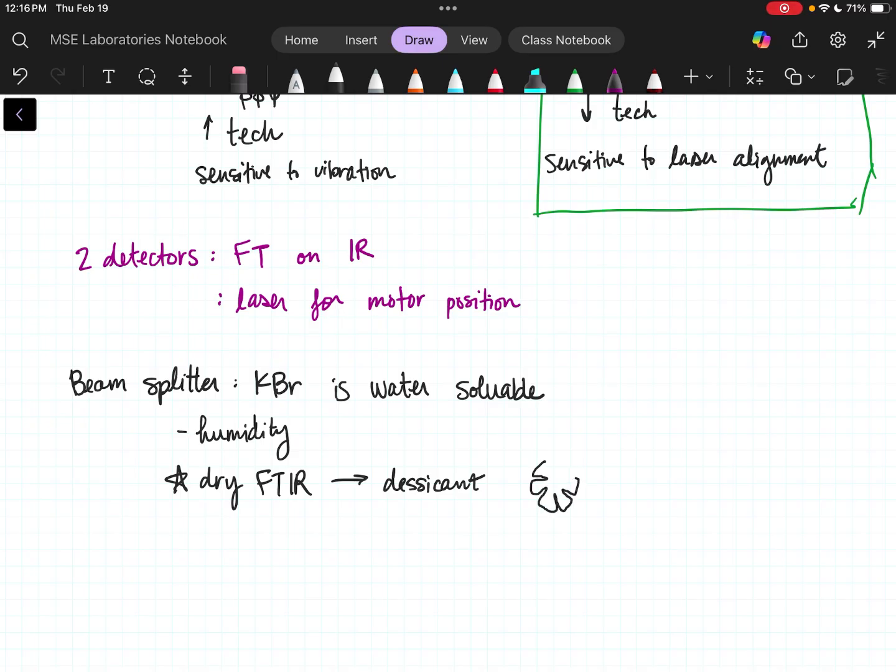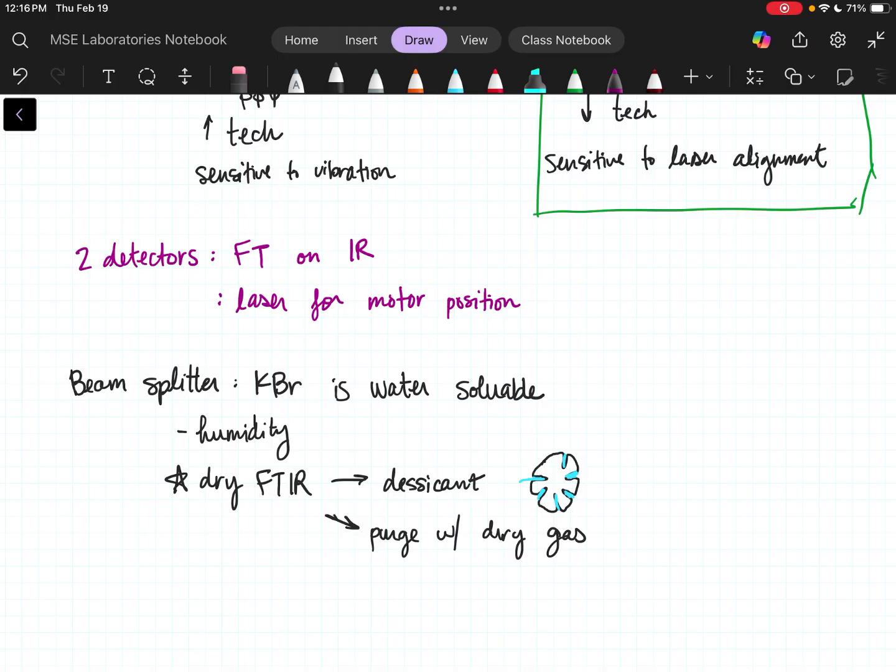A desiccant is a particle. Oops, I am drawing that completely backwards. It's a particle that has really fine porosity. These are little pores here. And because the pores are so small, water gets drawn into them. So just like it absorbs water out of the air.